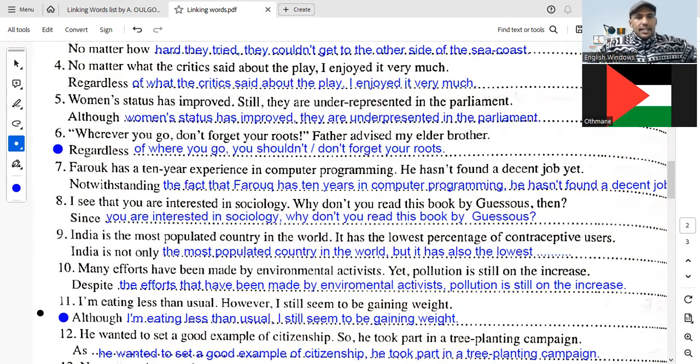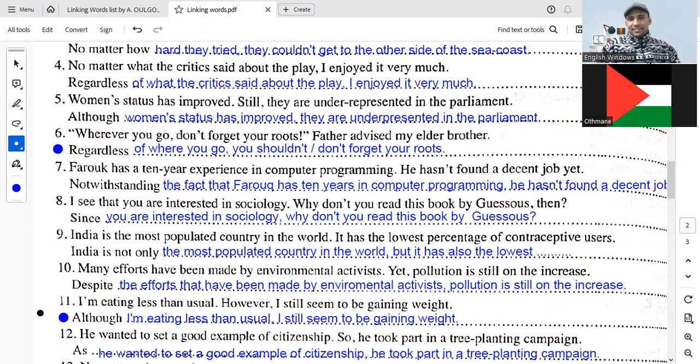Can you use the word regardless of in a sentence? Give it in an example. Regardless of, بغض النظر.